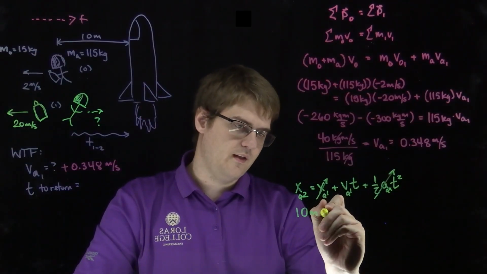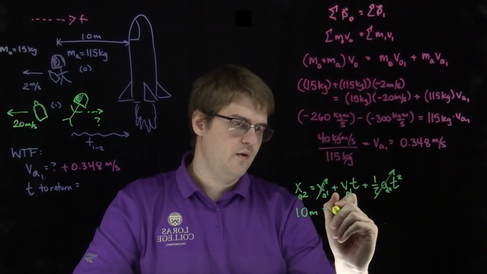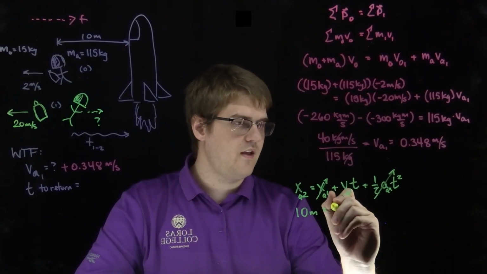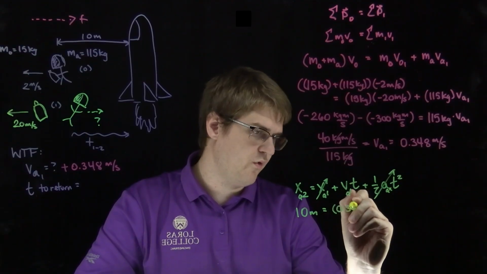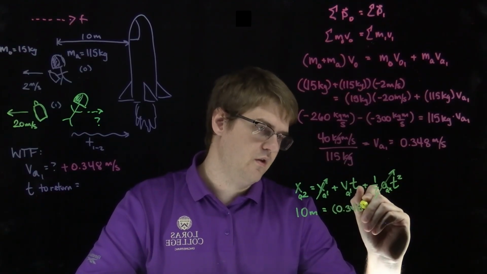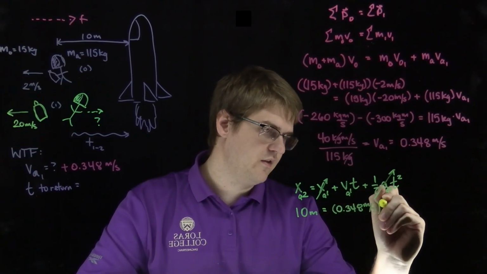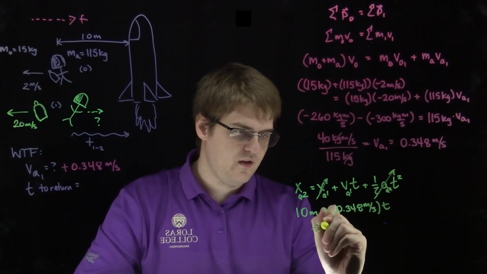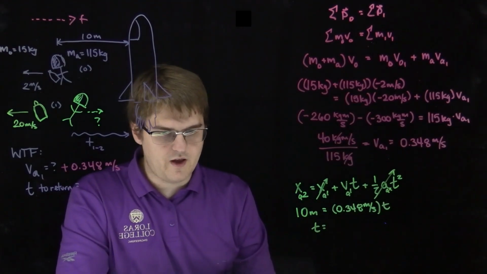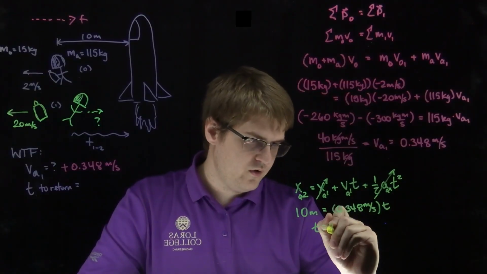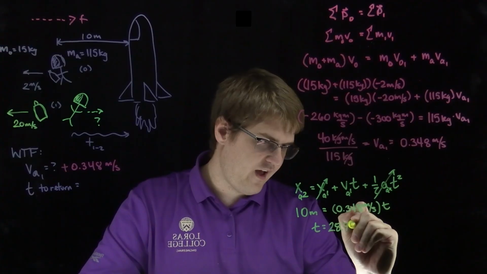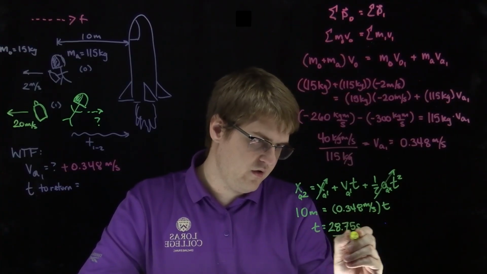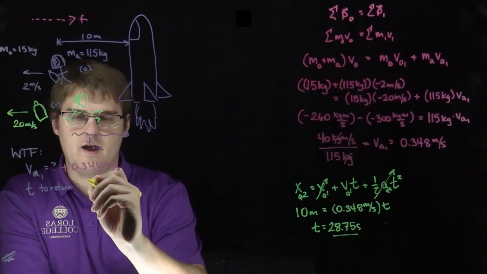So that's 10, which is equal to the velocity of a of 1 in the x, which is 0.348 meters per second times my time. And my time comes out to 28.75 seconds. That's my time to return.